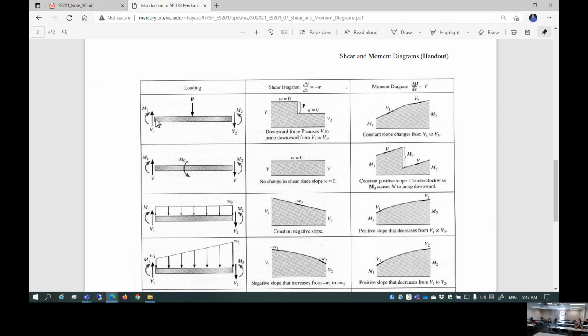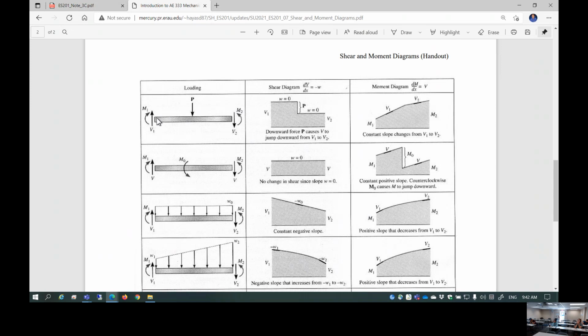This B1 is at the end of the beam. This is typically a support reaction. So this is considered an externally applied shear force, support reaction B1. Because of this B1, you have a jump right here. Okay? And then there's no distributed loading within, so this B1 is constant.